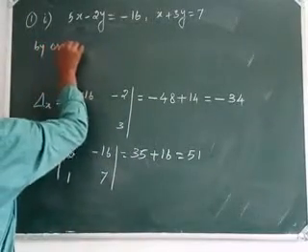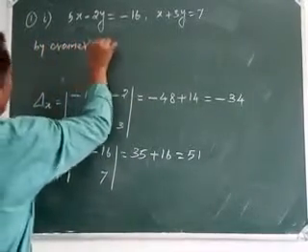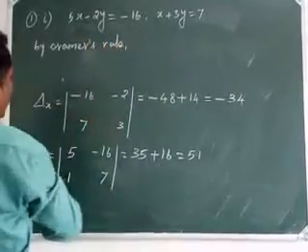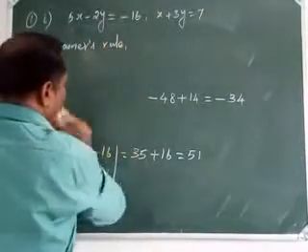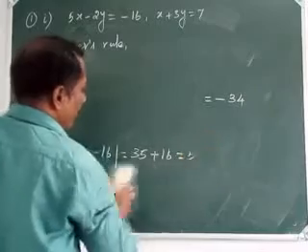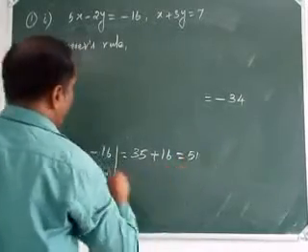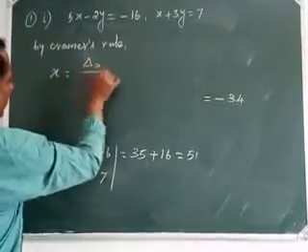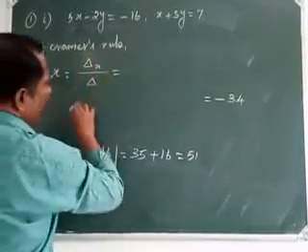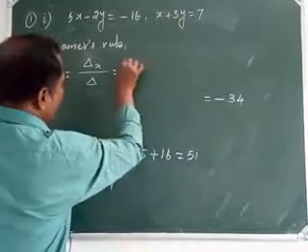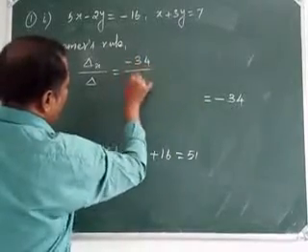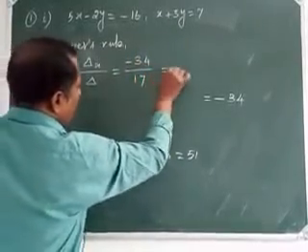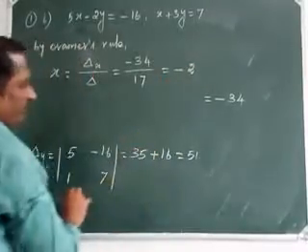And then you have to use Cramer's rule. Using Cramer's rule, you have to find the x value and y value. The formula: x is equal to delta x divided by delta, so minus 34 divided by 17, which is equal to minus 2.